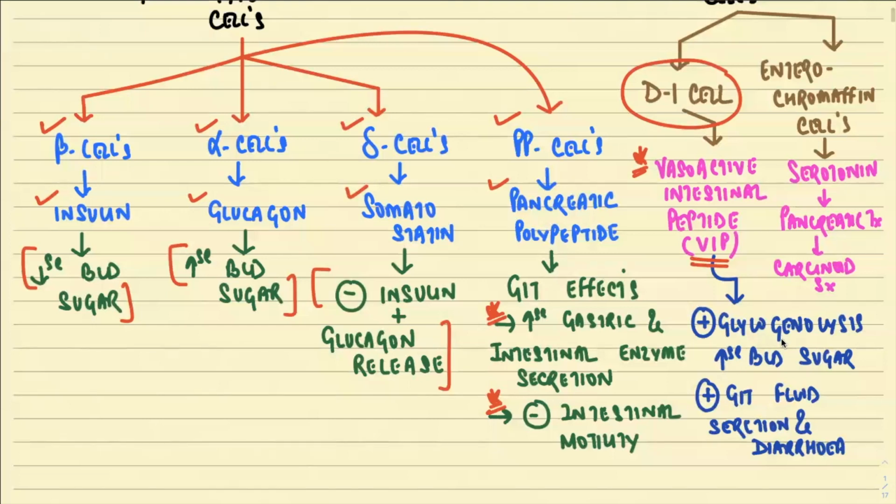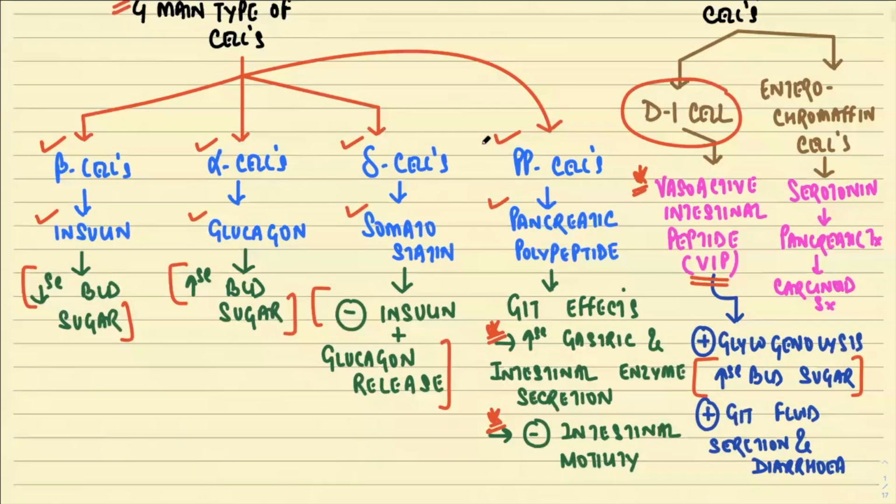It stimulates glycogenolysis, that is the breakdown of glycogen, releasing glucose into the circulation, thus increasing the blood sugar level. It also stimulates the gastrointestinal tract, stimulates fluid secretion, and also stimulates diarrhea. Clear to everyone?